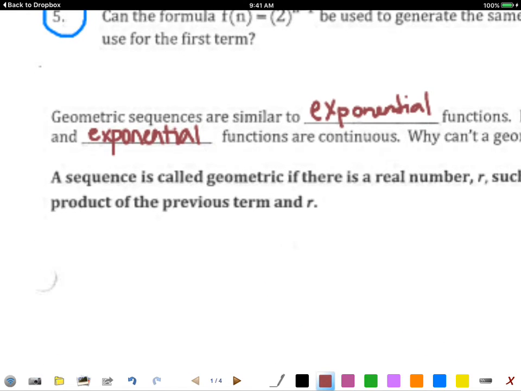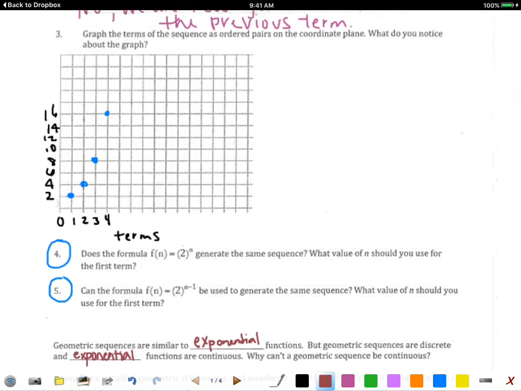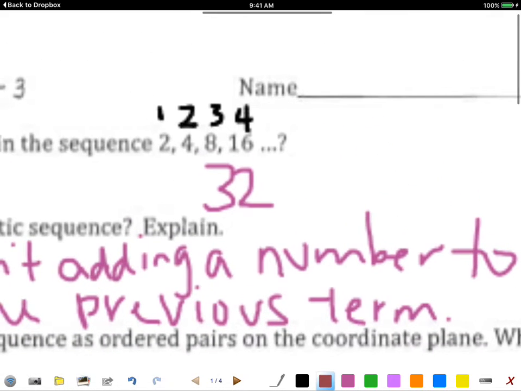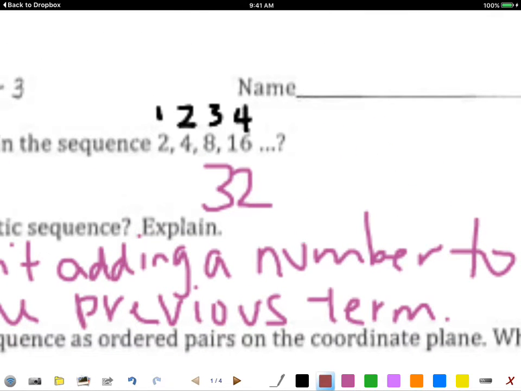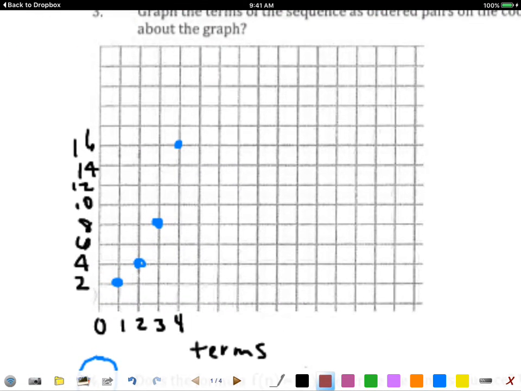Why can't a geometric sequence be continuous? So a geometric sequence is like this, where we have the first term, the second term, the third term, the fourth term, okay? And when you look at the graph here, we can't connect these dots. If we connected these dots, we would be saying that it's a continuous function.